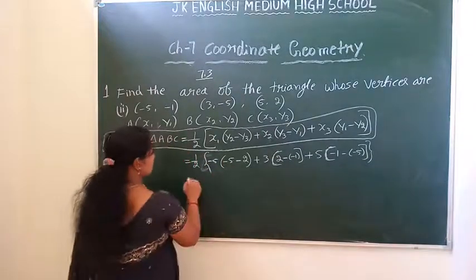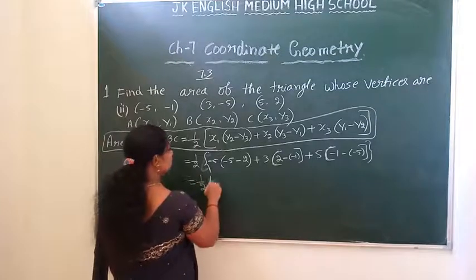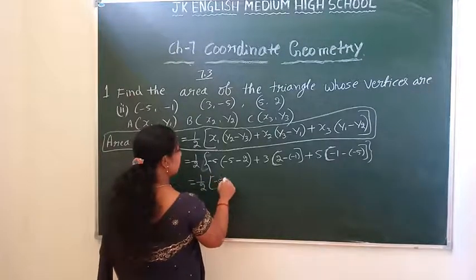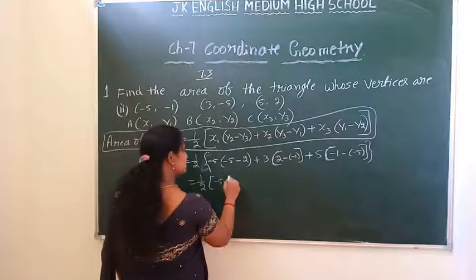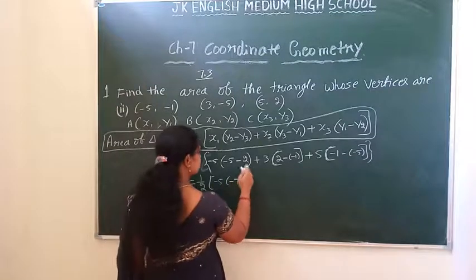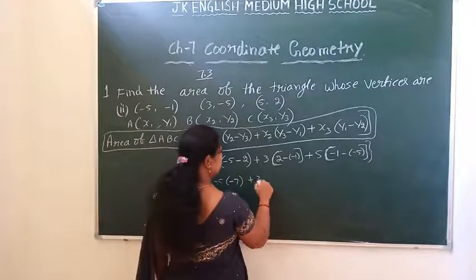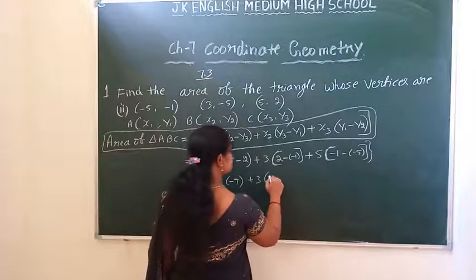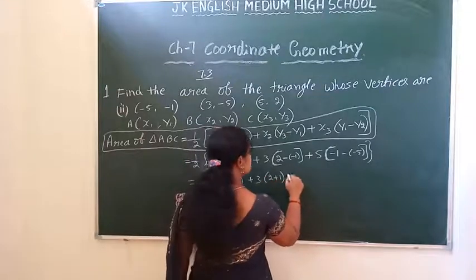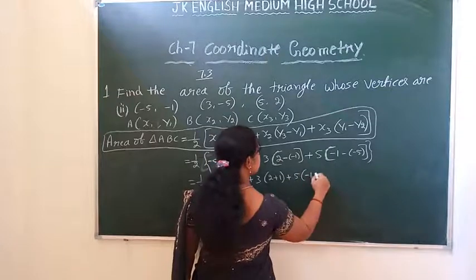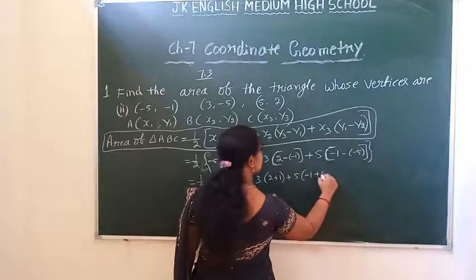Okay, now you can simplify. 1 by 2, minus 5, minus 5 minus 2 is minus 7, plus 3, minus into minus plus 2 plus 1 it becomes, so 5 minus 1 minus into minus plus 5.